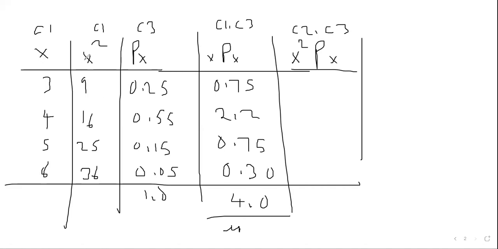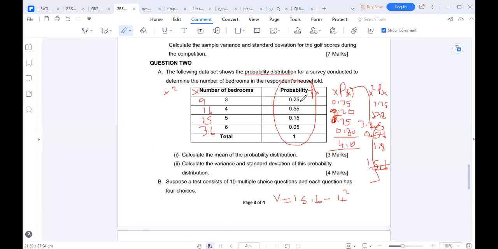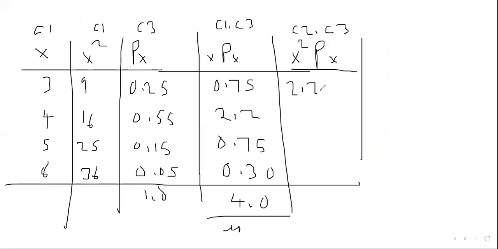Then the value of x, we square this, we multiply by the probability. So 9 times 0.25, we found 2.25. Then what was 16 times 0.55? 8.8.